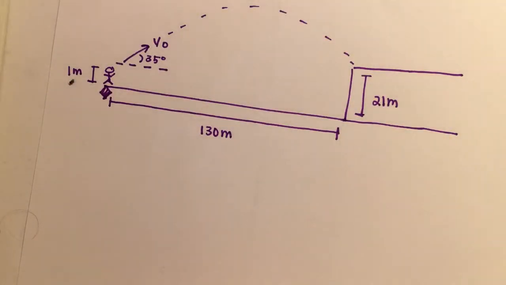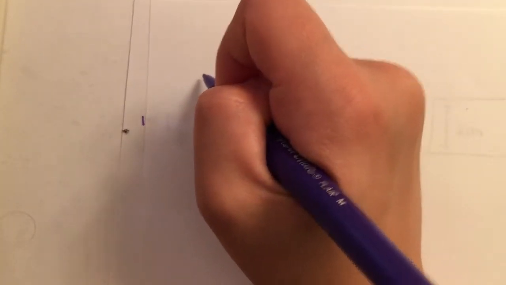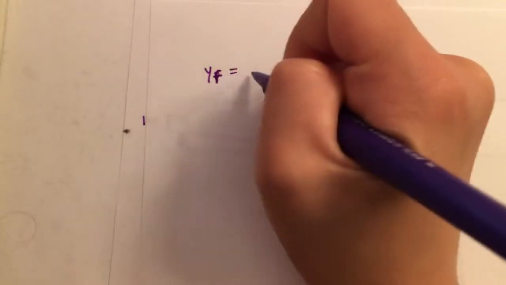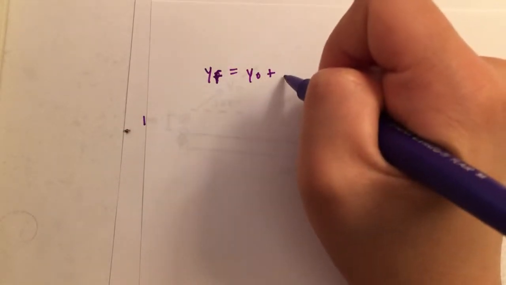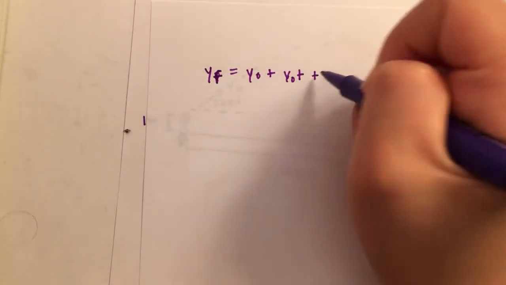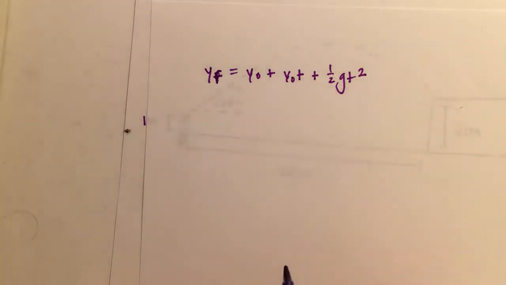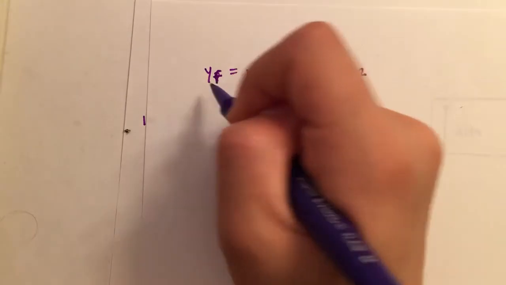To do that, we're going to use a kinematic equation: y final equals y initial plus velocity initial times time plus 1/2 g t squared.